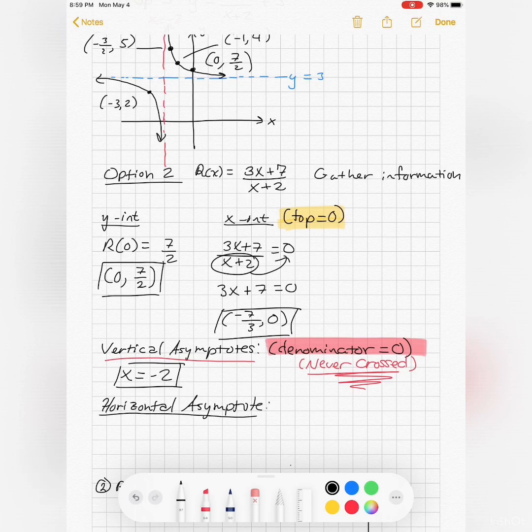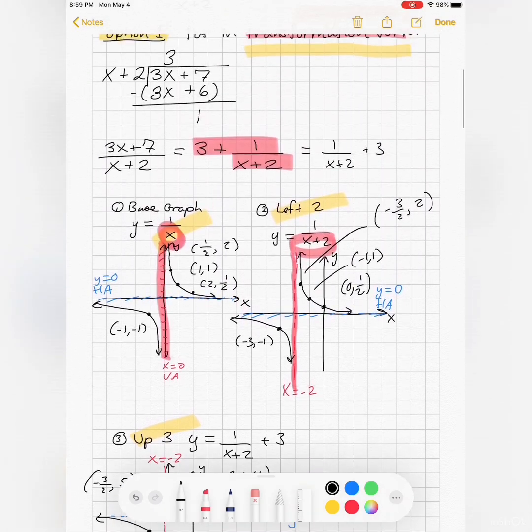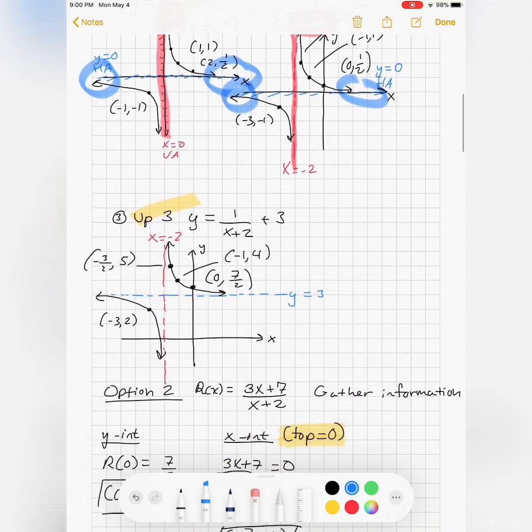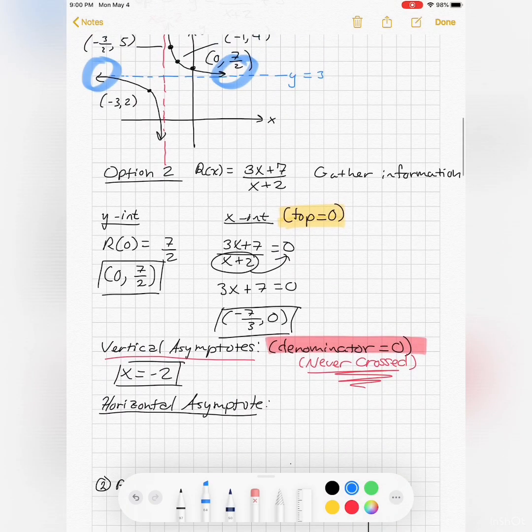Look back at this graph, because I'm thinking, what do horizontal asymptotes tell me? You see how it's only on the ends of the graph that the function actually gets close to its horizontal asymptote, the far left and the far right. So the horizontal asymptote is telling me what happens on the ends.